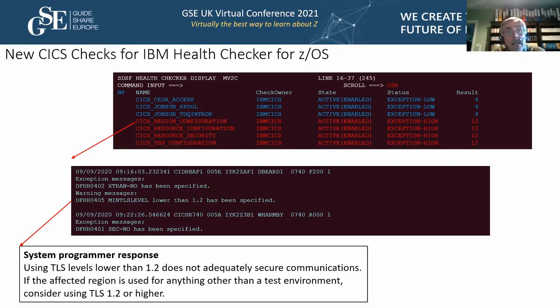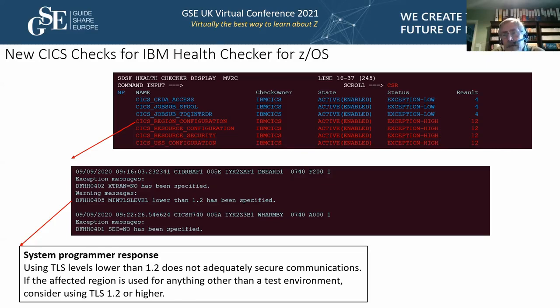And each of those regions will then, inside the health check, show you with a message exactly what the health checker is complaining of. So for example, in this one, the first region that has been talked about here has got an exception message which says XTRAN=NO has been specified, a fairly basic error in the configuration.